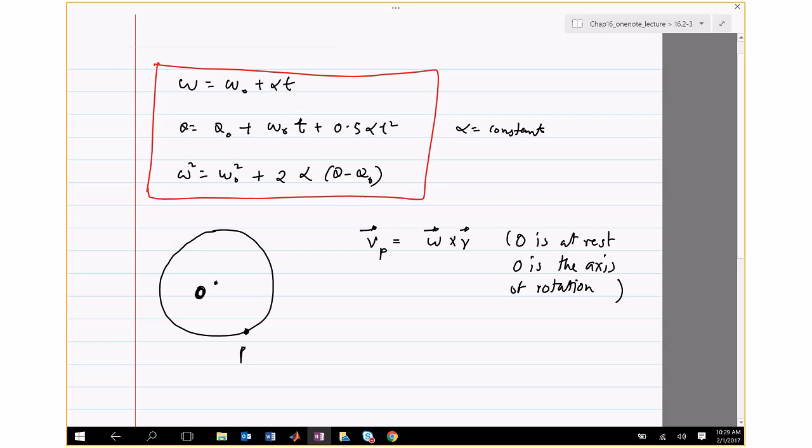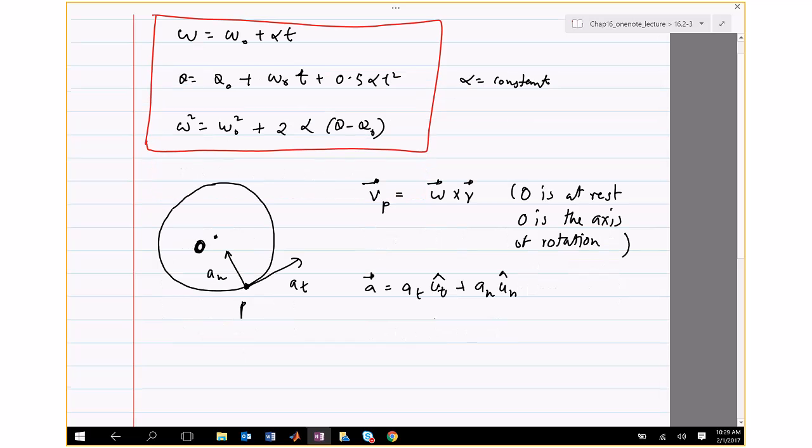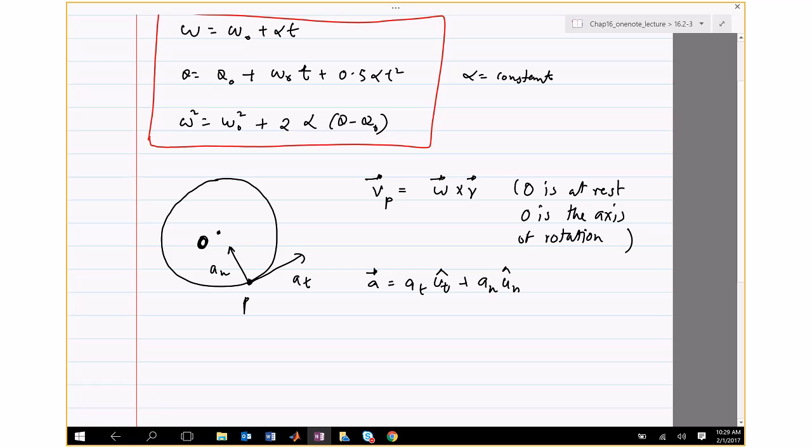Similarly, we can write a formula for acceleration. So acceleration has got two components, at and an. So acceleration is at ut plus an un, and the formula simplifies to a equals alpha cross r minus omega square r.